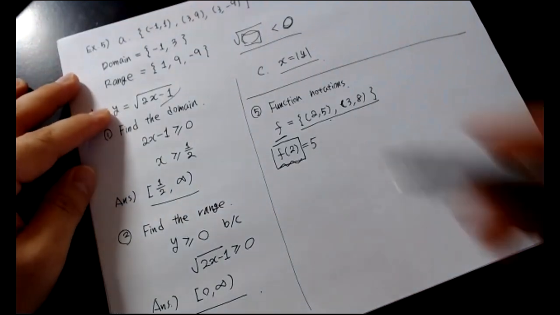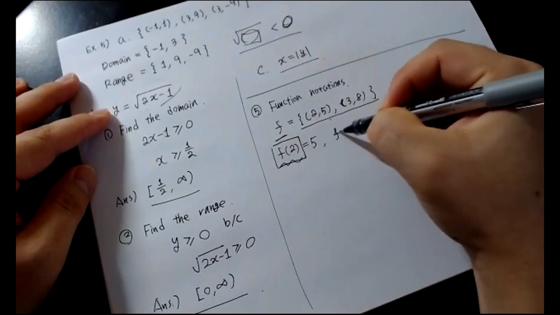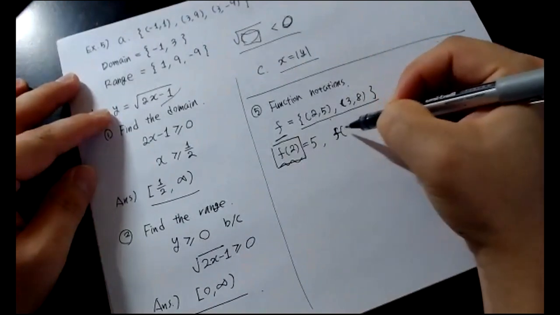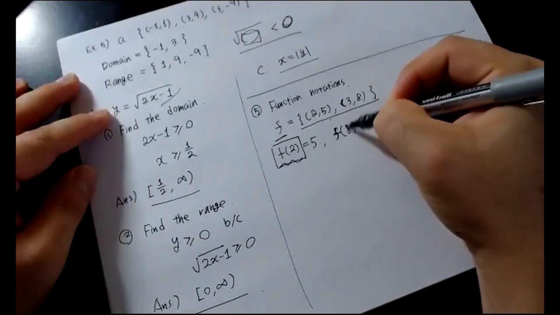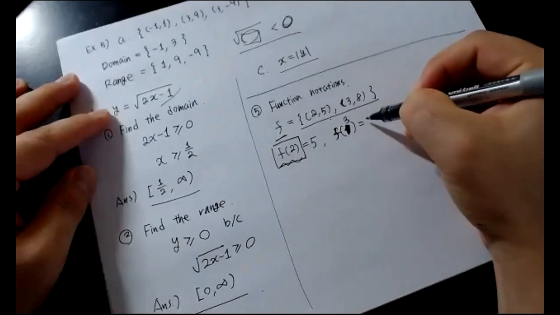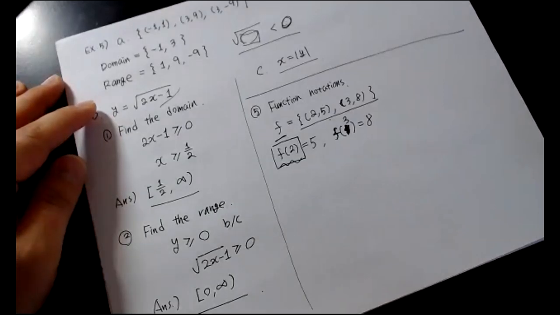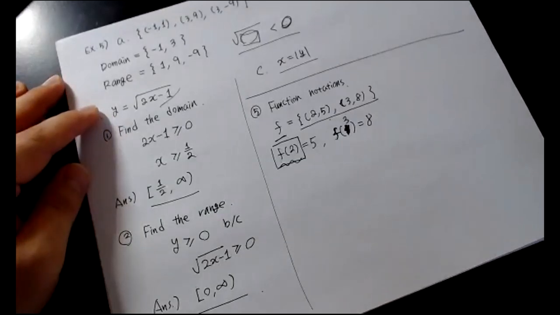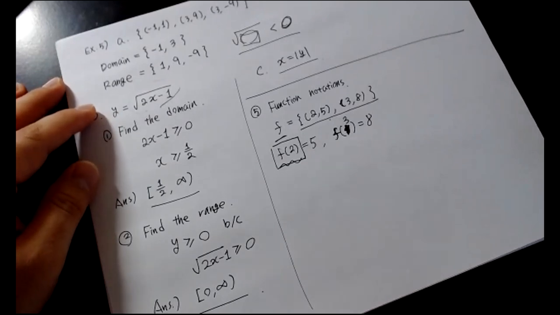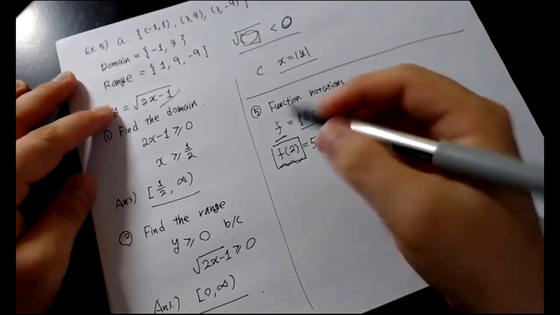Then what about F of 8? F of 3, sorry, F of 3 equals 8. So F of 3 means the y value corresponding to x value 3, which is 8. So F of something actually represents the y coordinate.